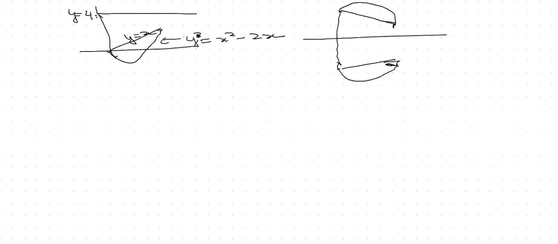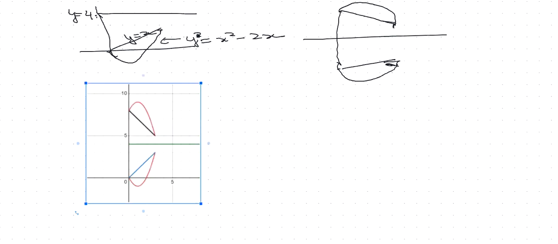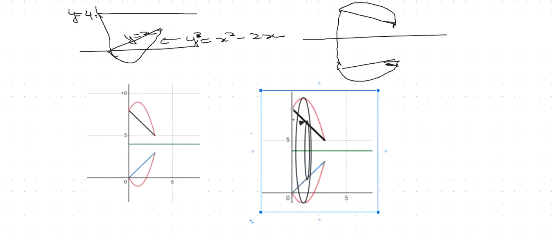These curves will look something like this. Now we'll make two discs or rings to get it. So this is how the two rings will look.